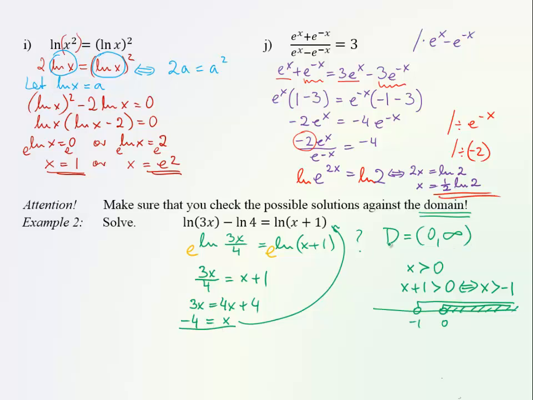Okay, but -4 is not in domain, so it has to be rejected. Therefore, the final solution to this particular equation will be no solution. This time we have no solution.